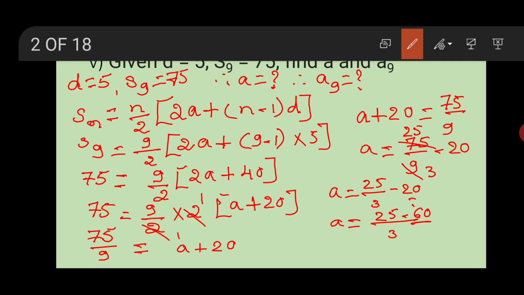Therefore a value is equal to 25 minus 60, which is minus 35 divided by 3. Therefore the value of a is minus 35 divided by 3.